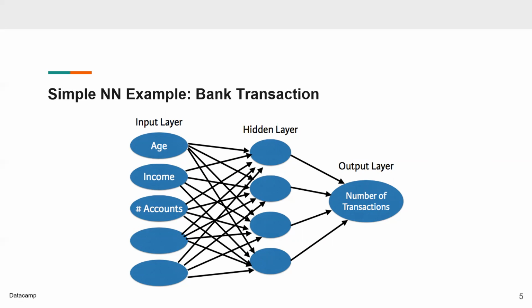And the last fully connected layer is called the output layer. In classification settings, it really represents the classes that we are going to identify.